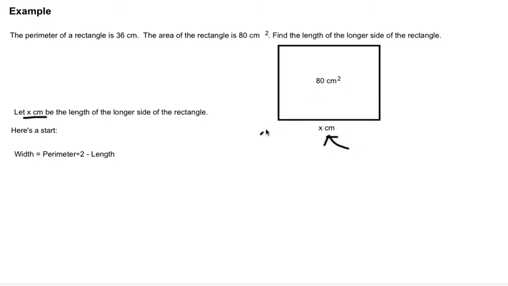So I do know that if I take the perimeter of a rectangle and I cut it in half, then I'm just dealing with a certain number and my length value. So I can take that perimeter divided in half, so that's 36 divided by 2, and that's going to equal my length plus width.